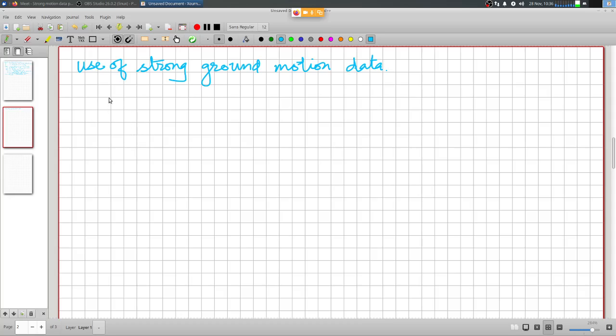So the equation that you see, ground motion, let me just draw this picture.